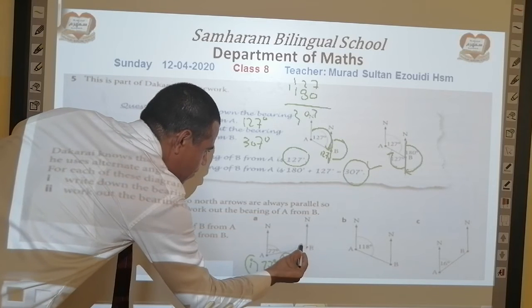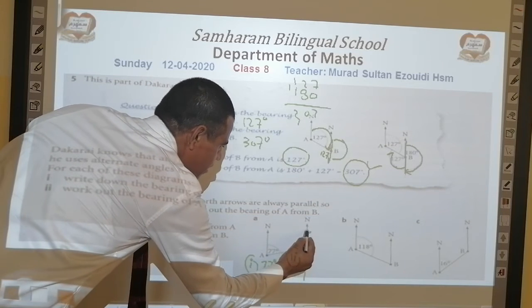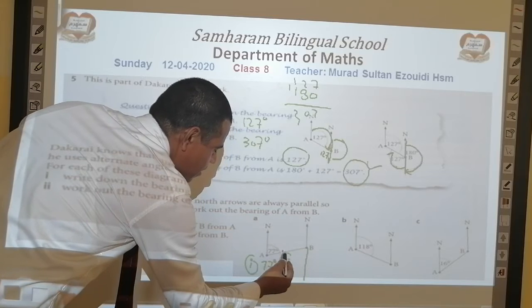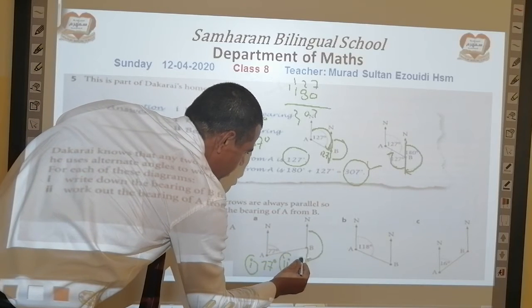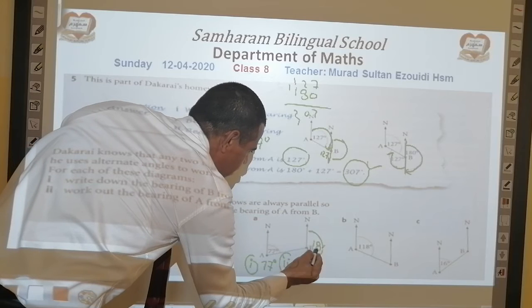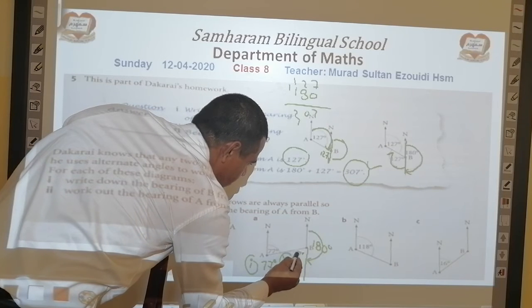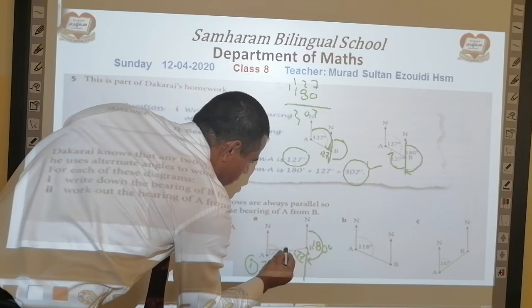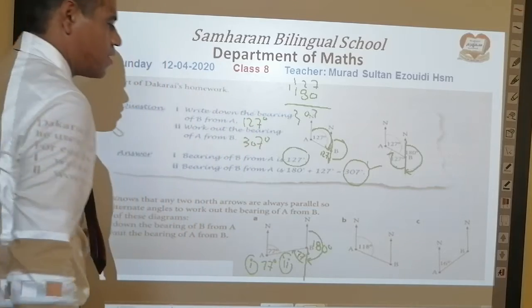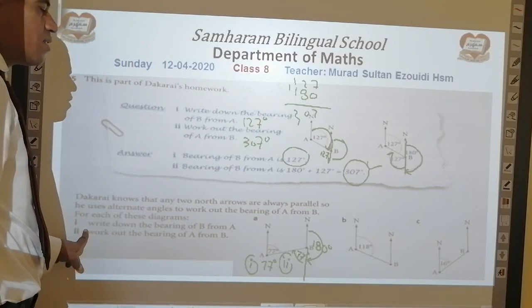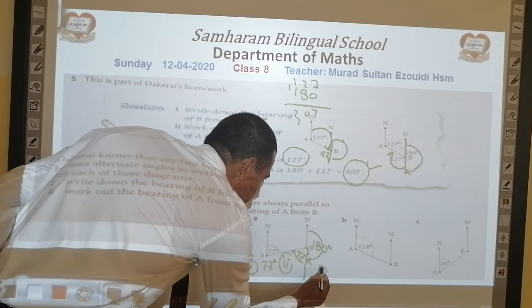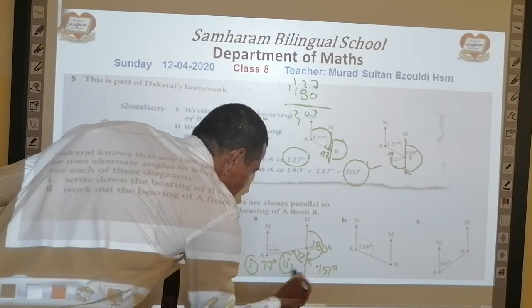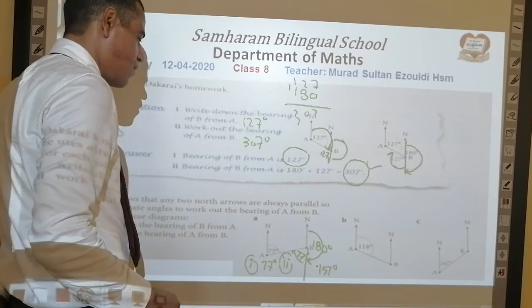I will extend this one. This is 180. Plus 77. This one is 77 degrees. So 180 plus 77 gives 157 degrees. So double i is 157 degrees.